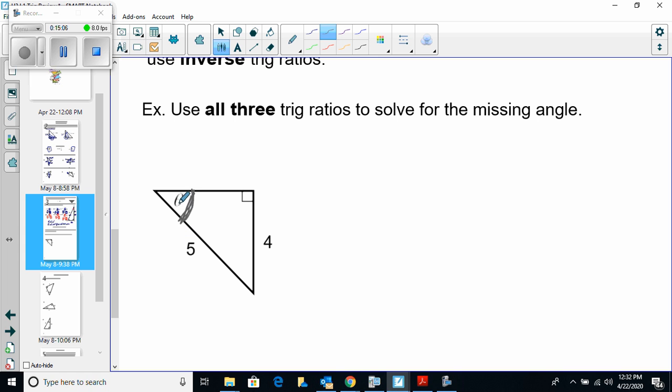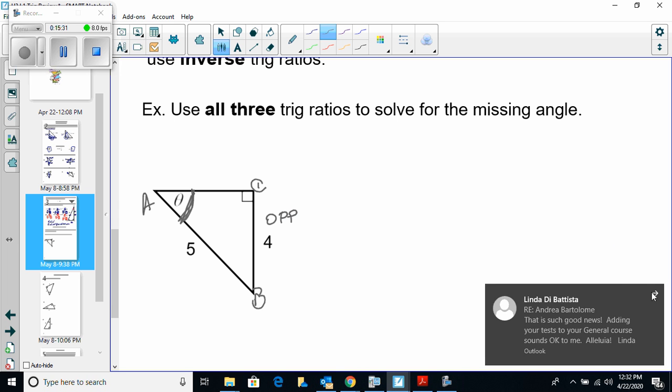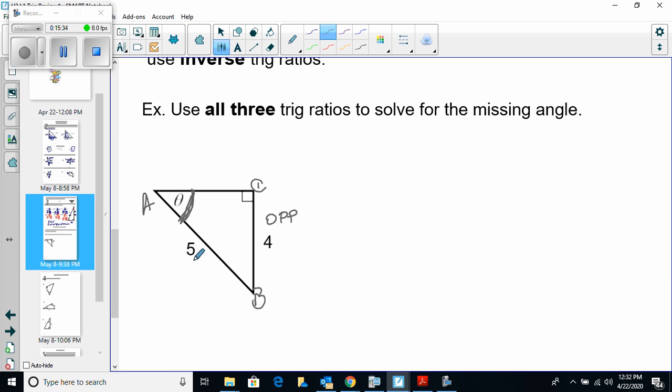So now, when we look at this angle theta, just for simplicity, I will put some letters here: A, B, and C. The length BC will be 4, which is the opposite, and the hypotenuse AB will be 5. You can go ahead and figure out the other side, but we are looking for the specific angle.